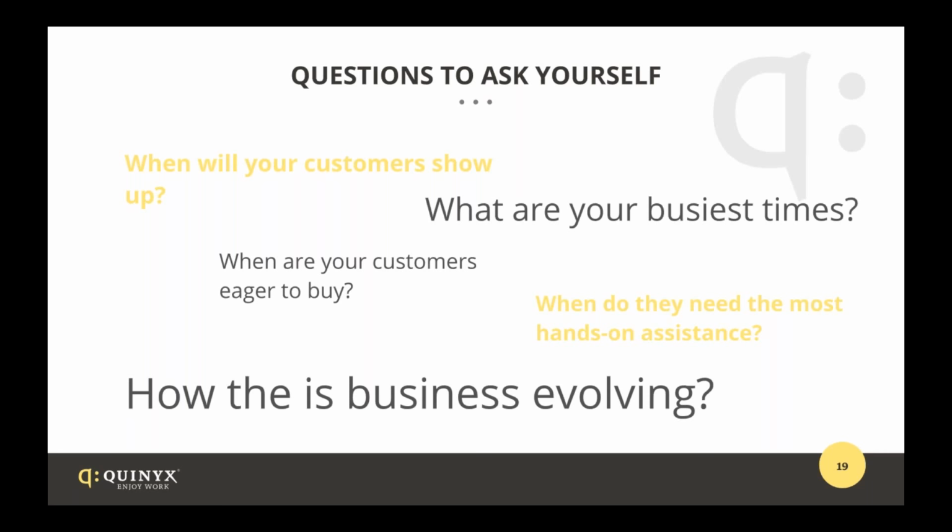And I think that the last sentence there, how is the business evolving, is probably the most important one. You might have a situation today which you know about and you plan for, but in 1 year, 2 years, or 6 months, the business will have evolved in some way. You might have competitors opening close by or closing.